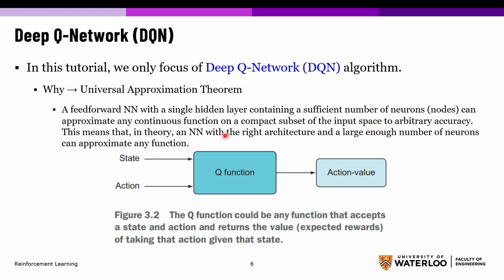So a neural network with the right architecture and a large enough number of neurons can approximate any function. That's the reason we're using a neural network instead of a table in Deep Q Network.